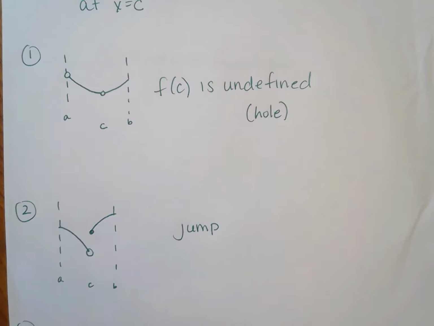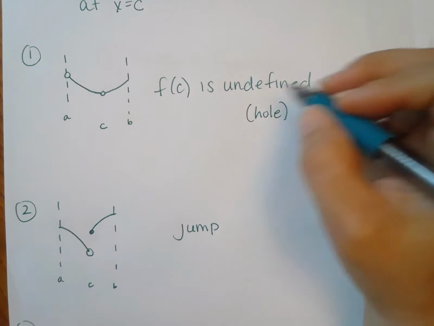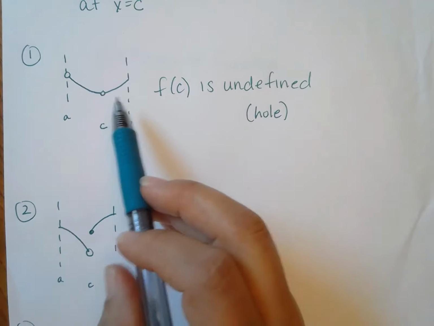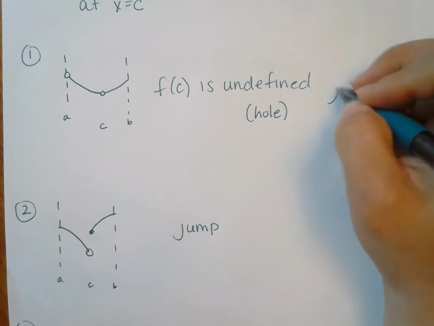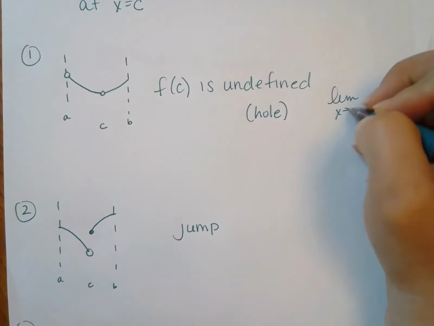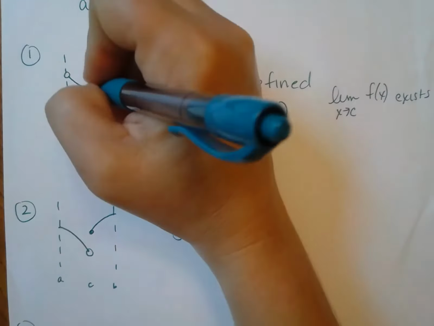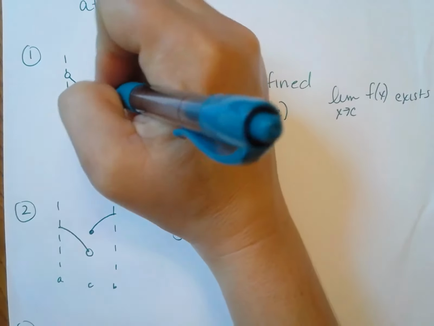Okay, and I also want to go back up here and talk about this for a second. I forgot to say that what I find here is that the limit as x approaches C of f does in fact exist, because both sides of my graph are approaching the same y value.